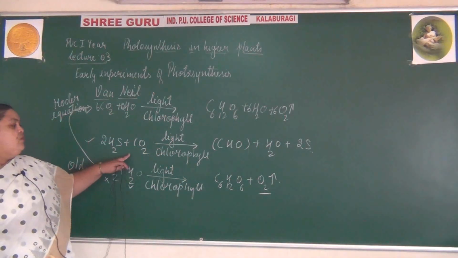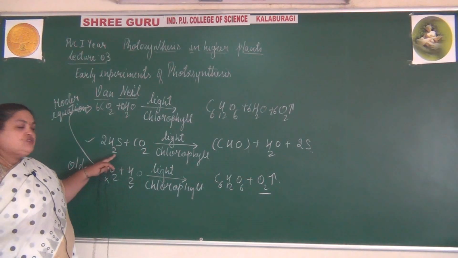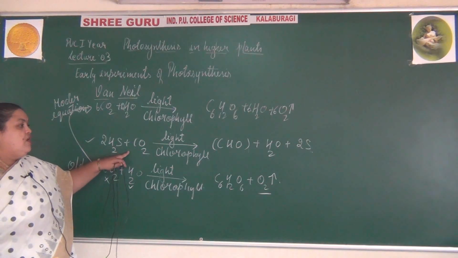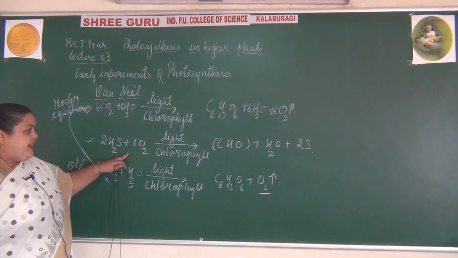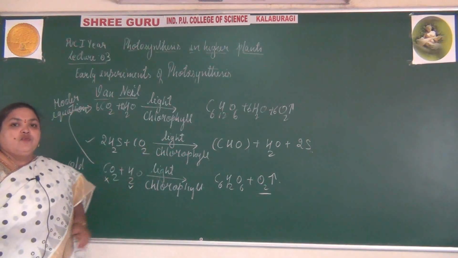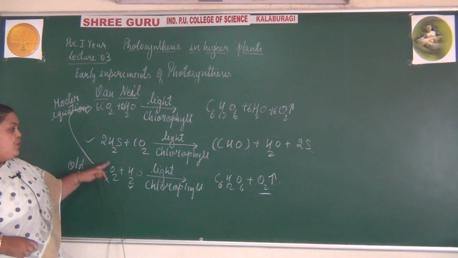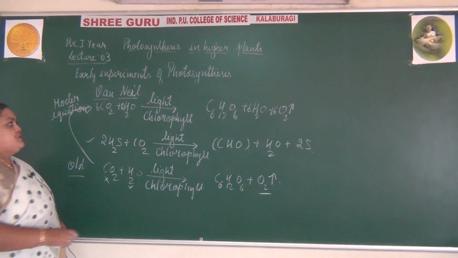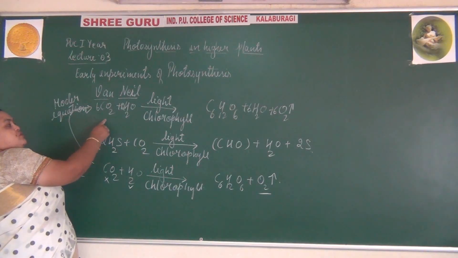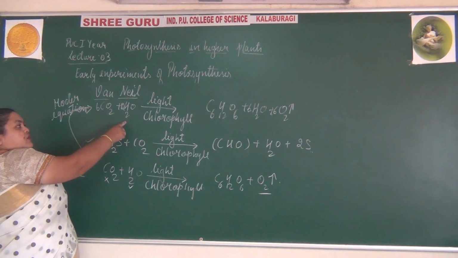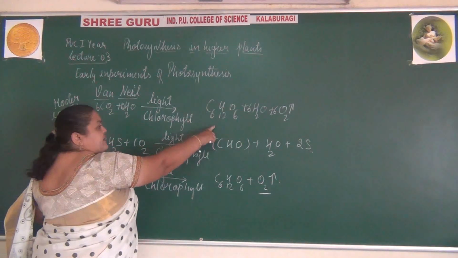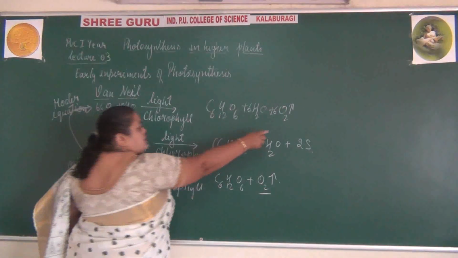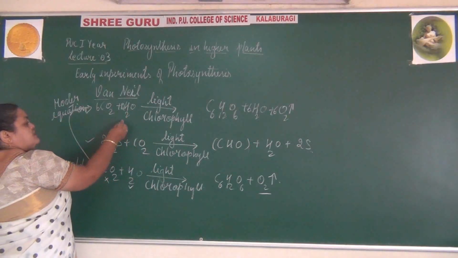Here there is presence of water, here absence of water, there was no release of oxygen. So in simple terms, no water, no release of oxygen. The present equation that is being followed is this one, where 6 molecules of carbon dioxide and 12 molecules of water produce a carbohydrate with a release of water and oxygen, and this oxygen that is being released is because of water.